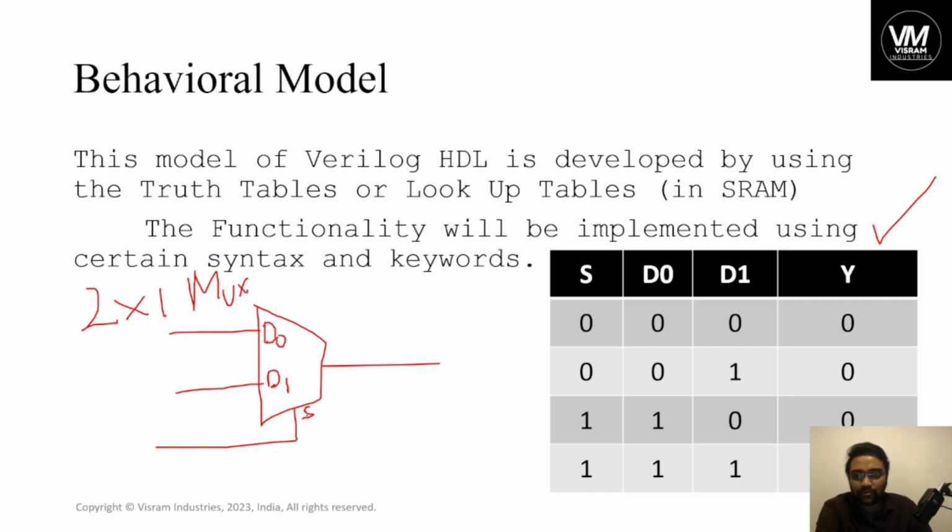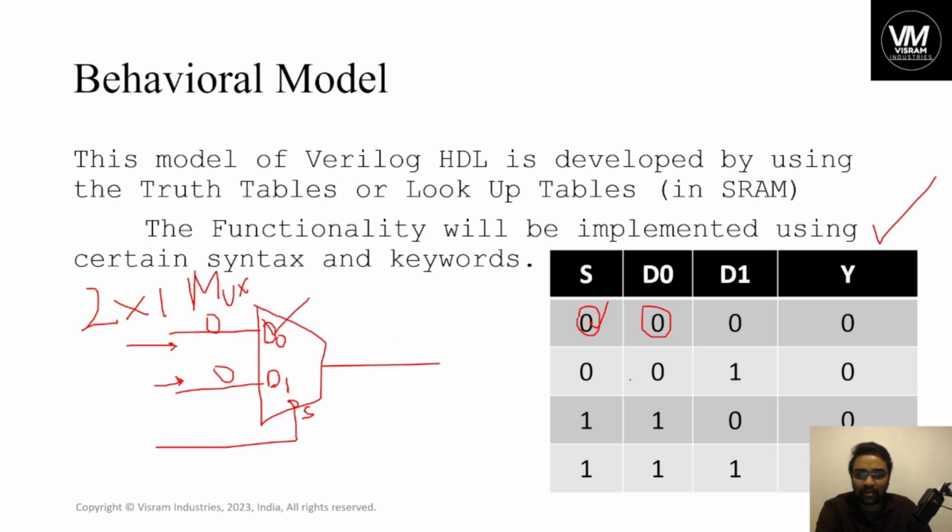And how does this multiplexer work? It takes the data input from two different ports, and the output is decided by the selection port. For example, if the selection is 0, and D0 is 0 and D1 is 0, then based on the selection 0, the D0 input is selected.